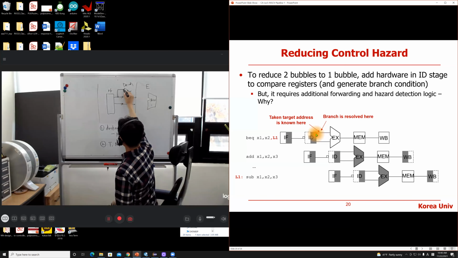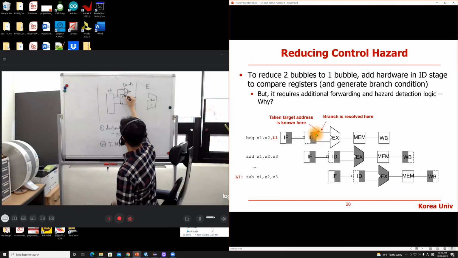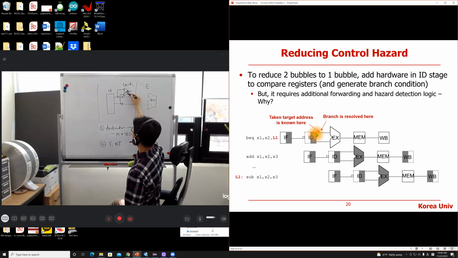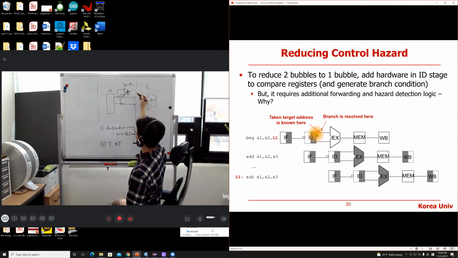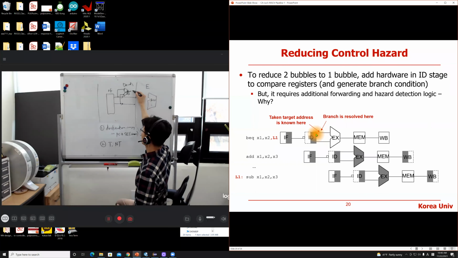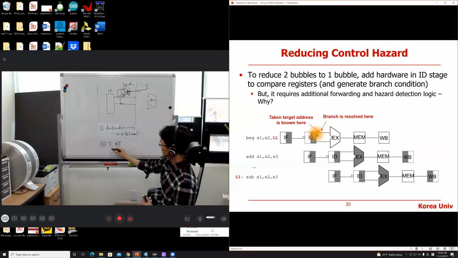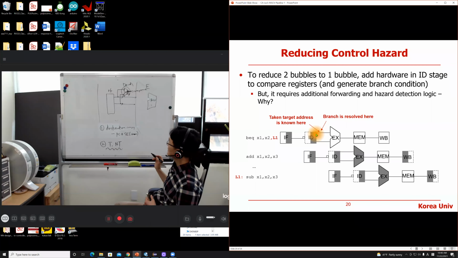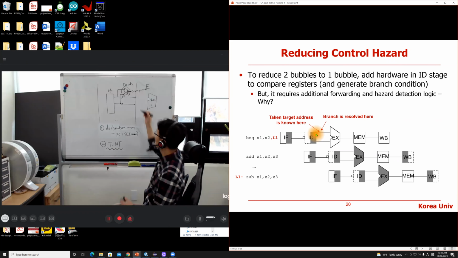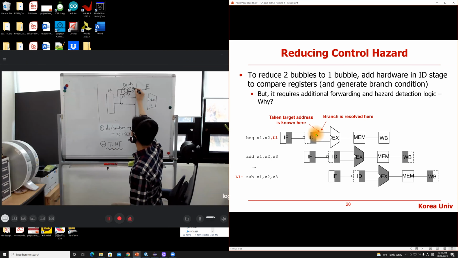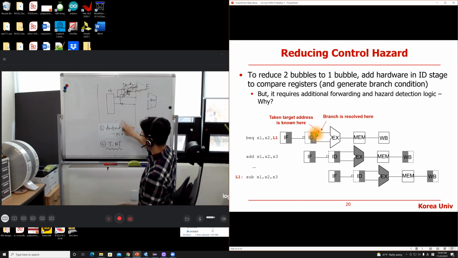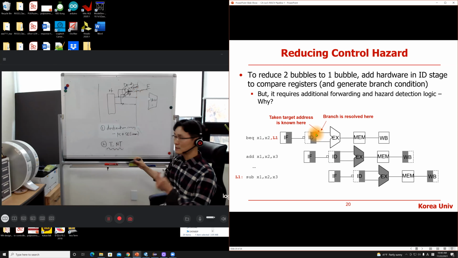So you tap that line into here. The adder will do subtraction, or just a simple comparator would be okay. That will take care of the taken, not taken decision. It is generating zero out, so you use that signal to determine taken, not taken.